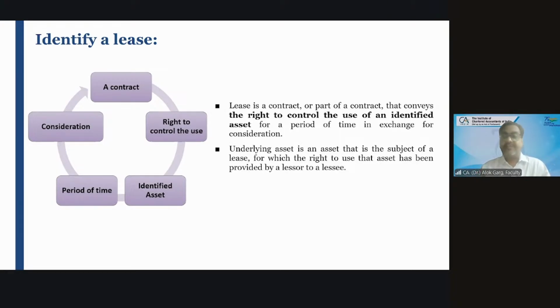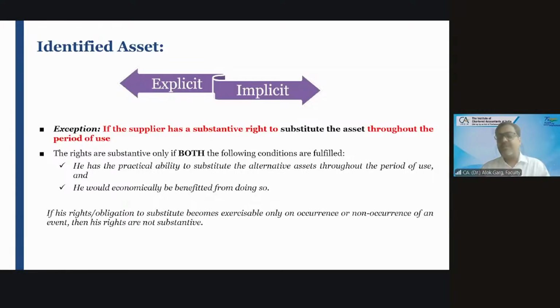And friends, we discussed what is meant by identified asset. We discussed that for considering an asset as an identified asset, number one, it has to be explicitly or implicitly mentioned in the contract. Number two, the supplier, meaning the lessor, should not have a substantive right to substitute the asset throughout the period of use.